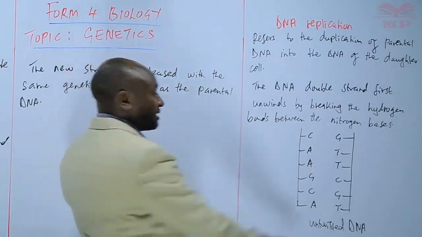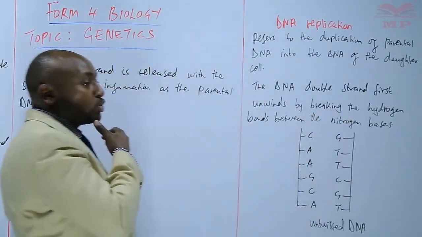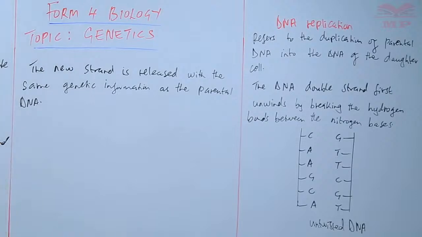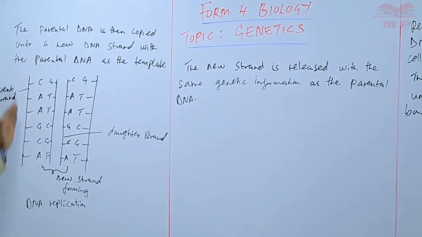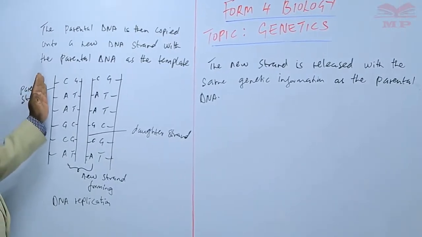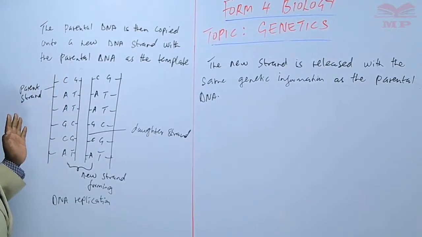Then after that, we have it in an untwisted manner. Then the parental DNA is copied onto a new DNA strand, with the parental DNA as the template. So the parental DNA is the template that determines what will be copied onto the new strand.